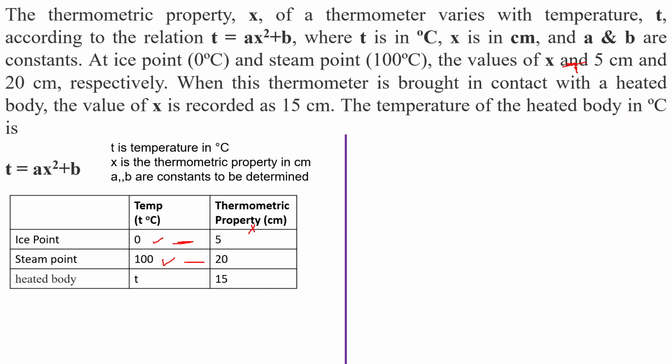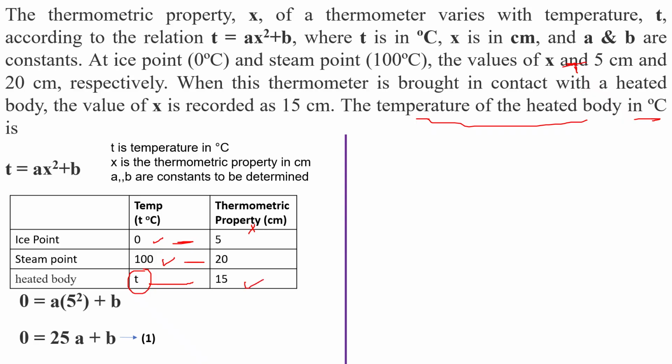Then we have to determine the temperature of the heated body in degrees Celsius. Let's consider it small t, and it is recorded that the thermometric property at the heated body is 15 centimeter. Okay, let's see the solution.